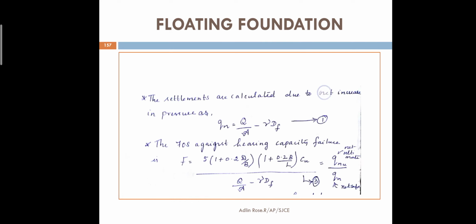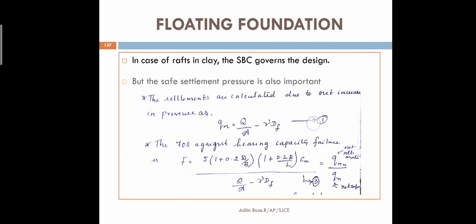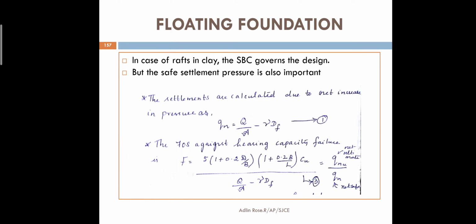Okay, now we'll see the formulas. In case of raft foundation, the safe bearing capacity governs the design. But the settlement pressure is also uniform. So let me derive the formula for floating foundation. When you calculate settlement, what is SBC?